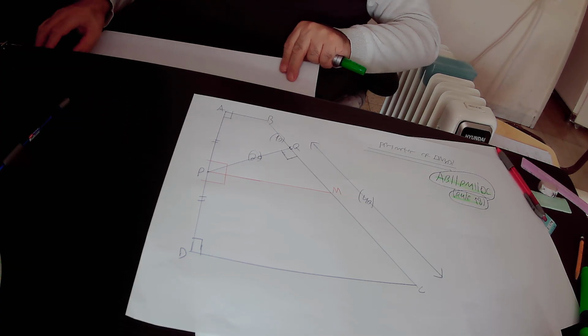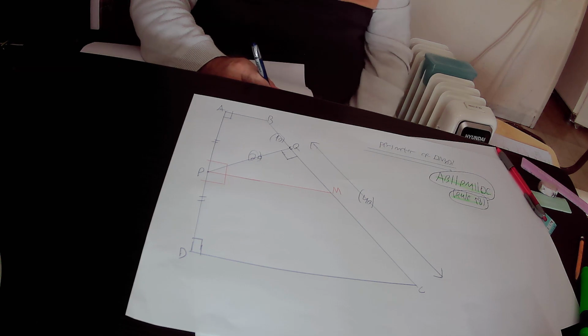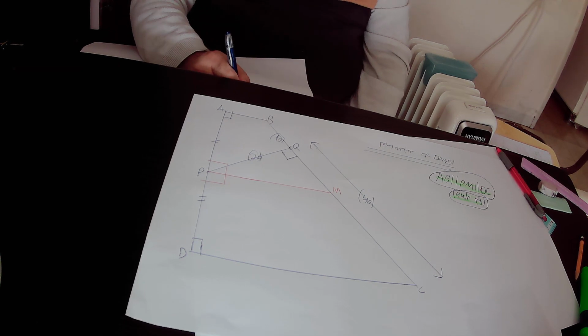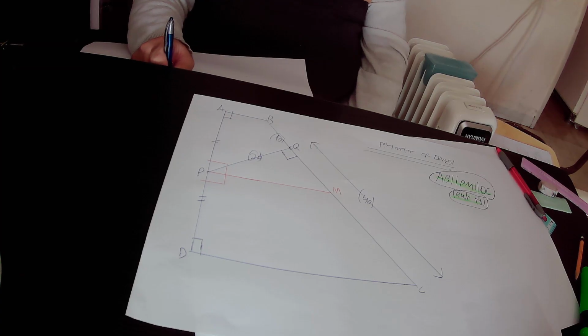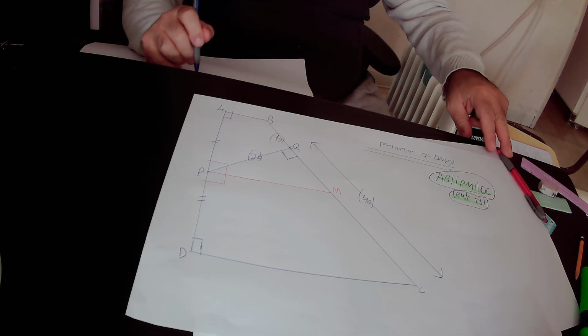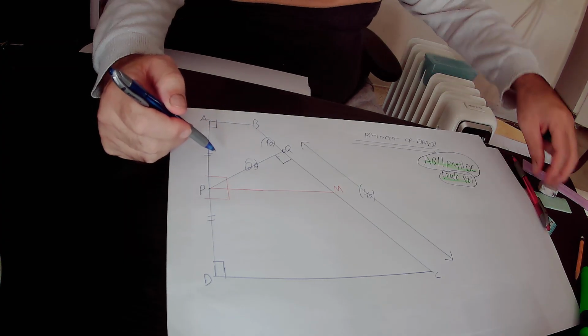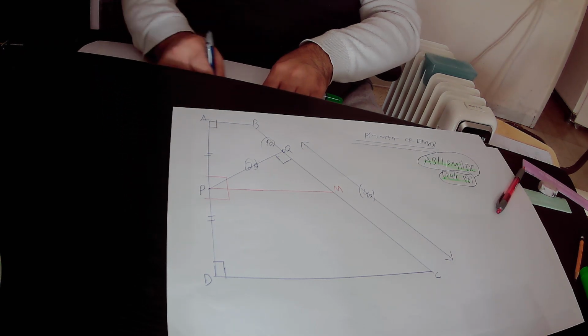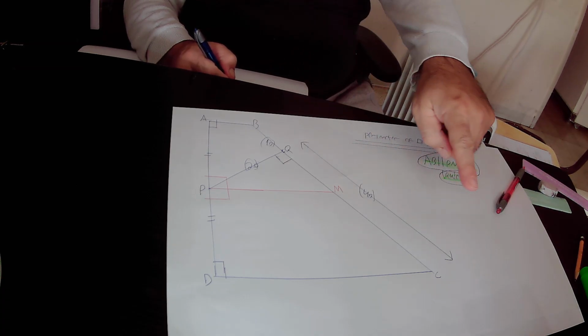So until now, we found out that according to the basic proportionality theorem, the following relationship exists between side AD and side BC that connect the three parallels together: AP over PD equals BM over MC.